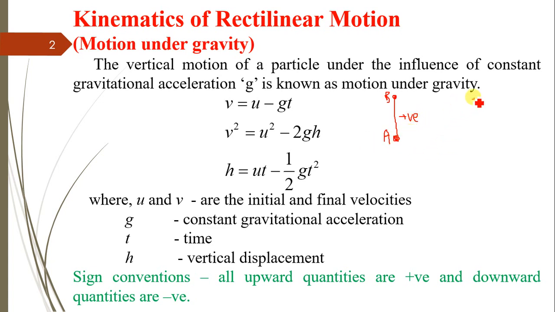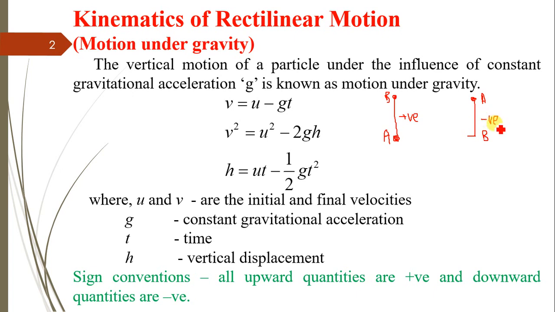But if this is the initial position of the object A and this is the final position B, here from A to B the object is moving in the downward direction, therefore all the quantities will be considered negative.